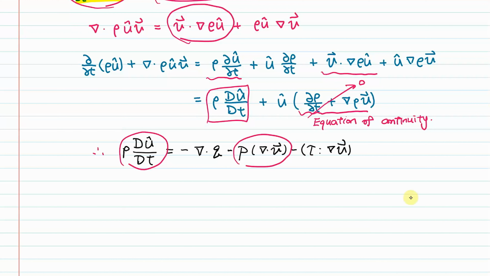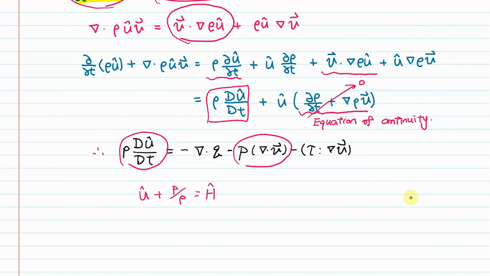From thermodynamics, the internal energy per volume plus the PV work per volume, which is exactly P over rho, equals the enthalpy per unit volume, H cap.